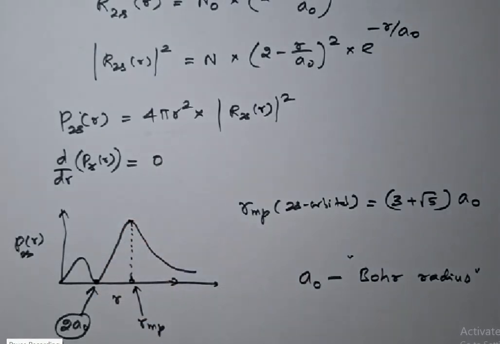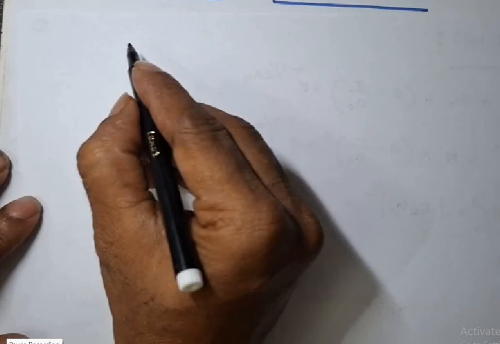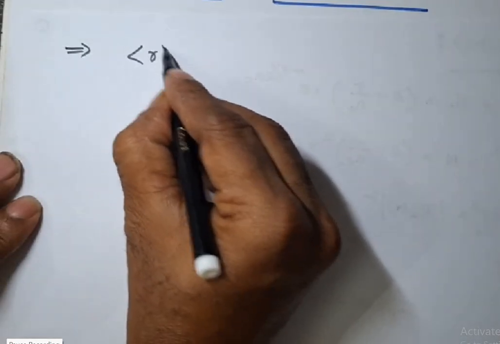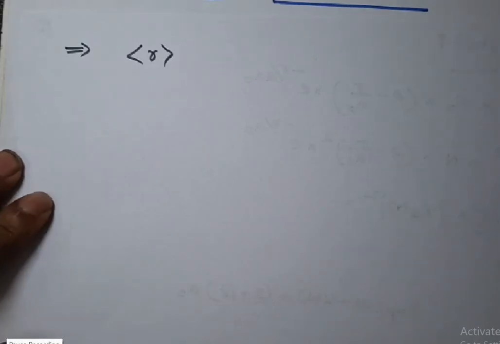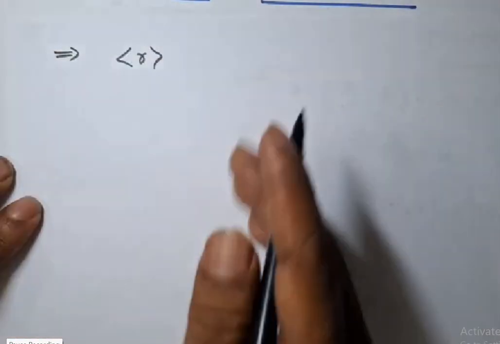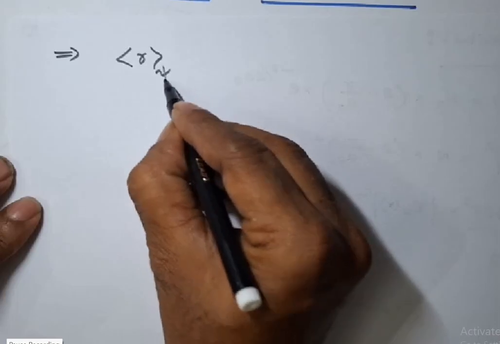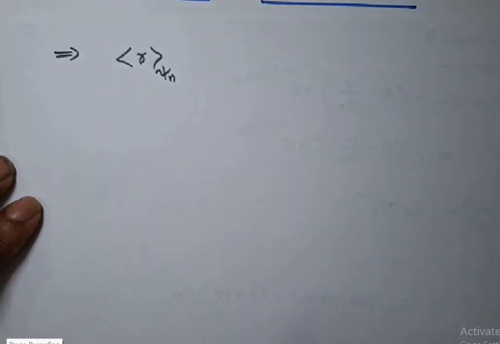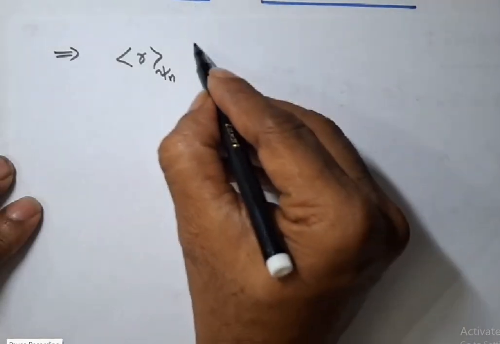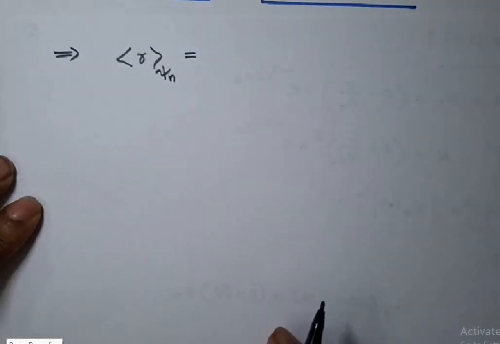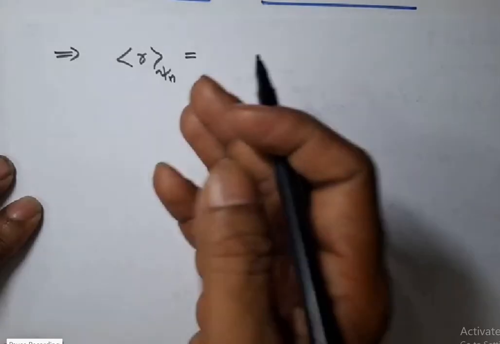We will discuss now the next point: how to find the average distance of an electron present in any state, say represented as psi n l m. It may be the 1s orbital or 2s orbital, 2px, 2p, whatever it is.